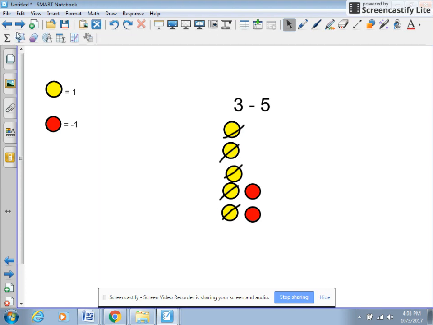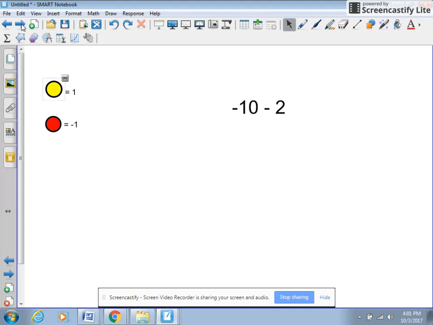One more example before you do some with me. What if I had -10 minus 2? I'm going to start with 10 red counters, so -10.